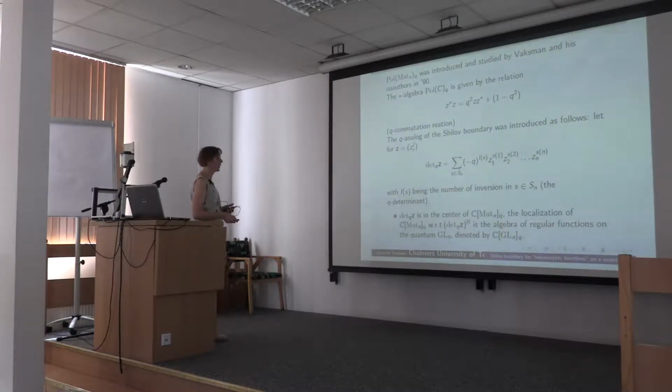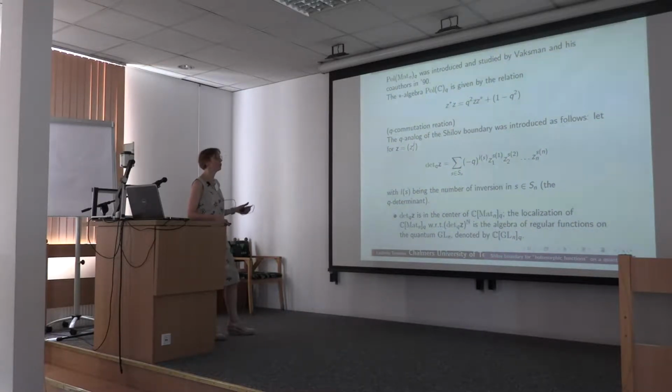One knows that the q-determinant is in the center of this holomorphic algebra, C_q of Mat_n, and the localization of this algebra with respect to the powers of that q-determinant is called the algebra of regular functions on the quantum GL_n, and it's denoted in this way.